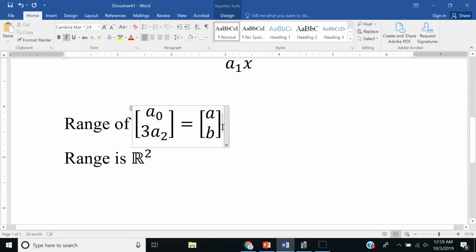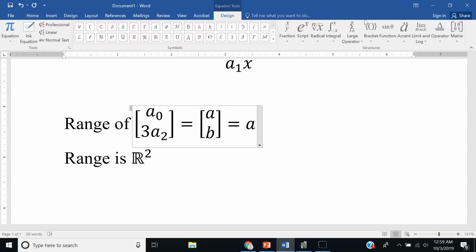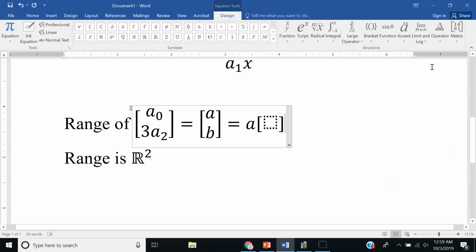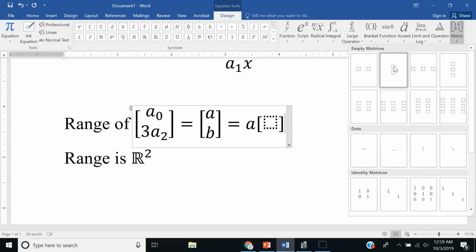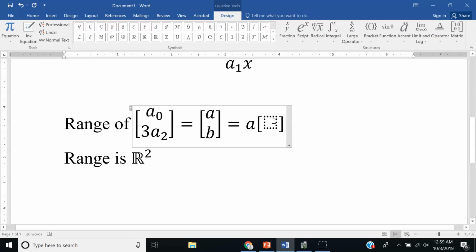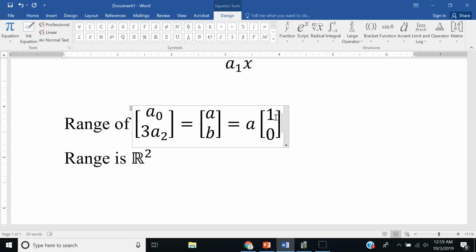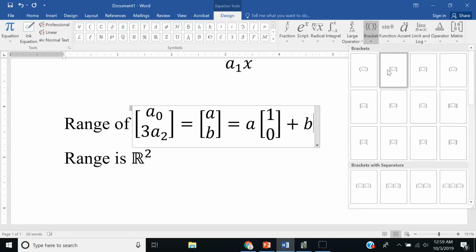What I mean by the thing I just said was that you could write AB as any linear combination of the standard basis vectors for R2.